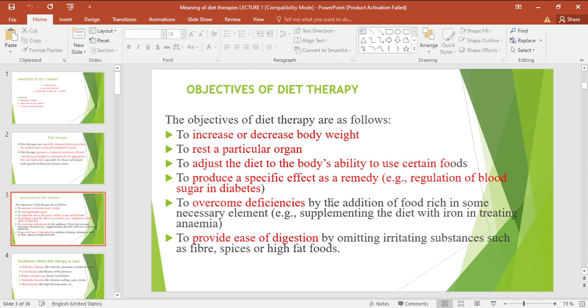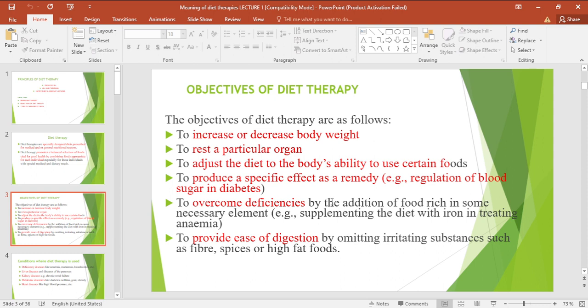So you find that for a child that is severely undernourished, we shall prescribe RUTF, ready-to-use therapeutic food. And for the patient or a child that is moderately undernourished or moderately wasted, we shall prescribe RUSF, that is ready-to-use supplementary foods.